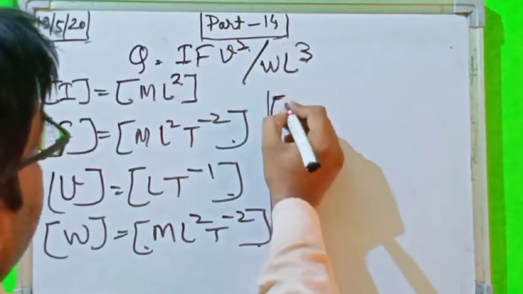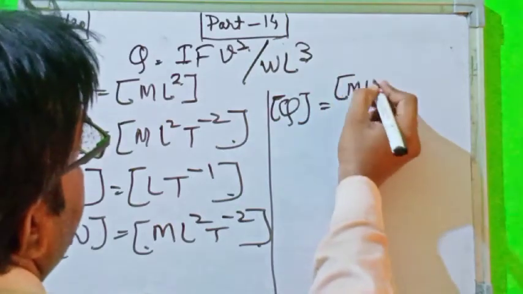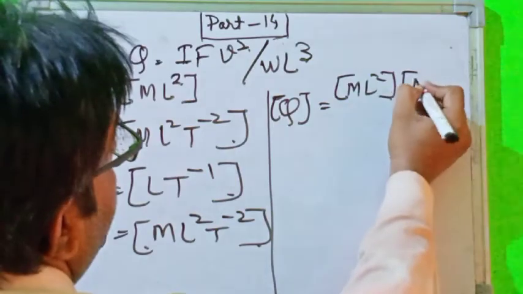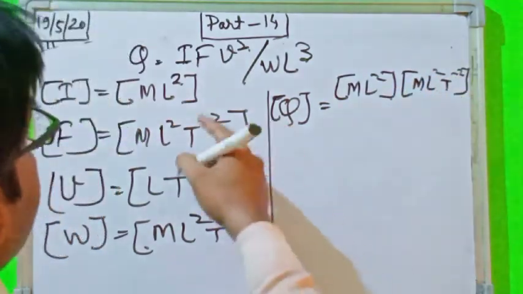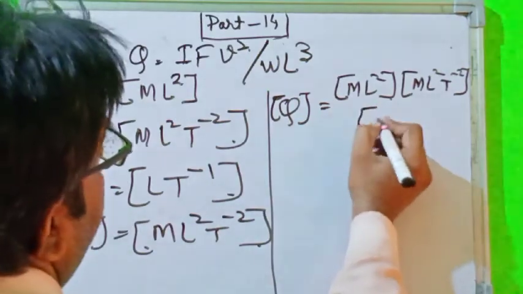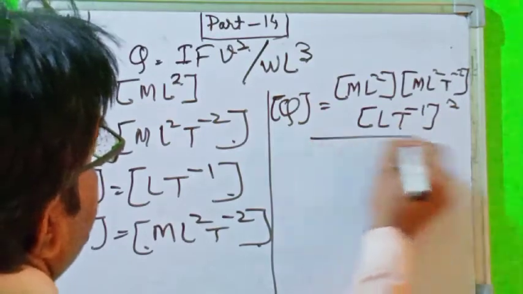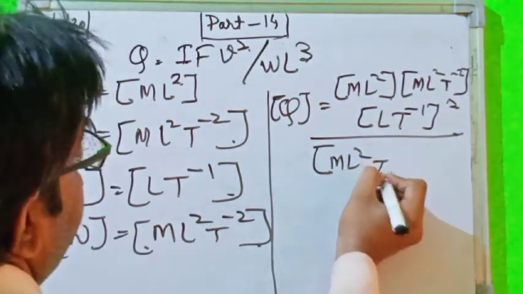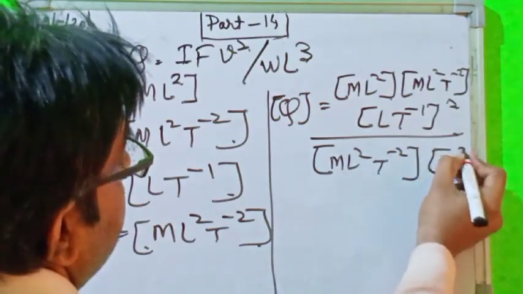So the dimensional formula of Q is equal to M L square, M L T minus 2, L T minus 1 whole square, upon M L square T minus 2 and L cube.